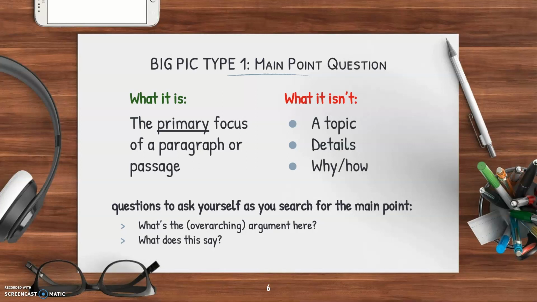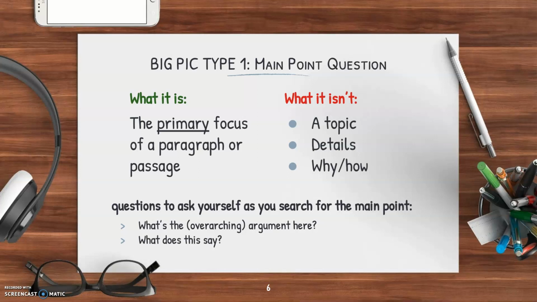These questions are not asking you to find a topic. They're not asking you for small details. And they're also not asking you why or how something functions in the passage. Those are actually other types of questions that we'll focus on later in our course. So what you're looking for is the primary focus.